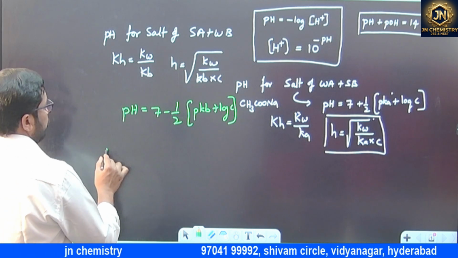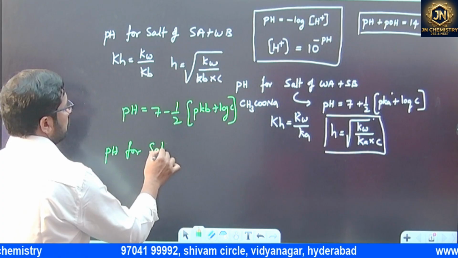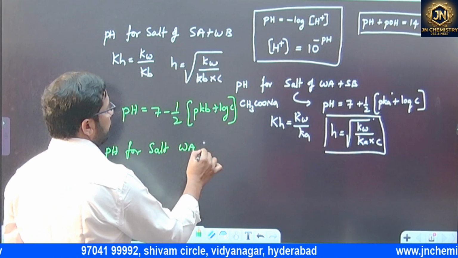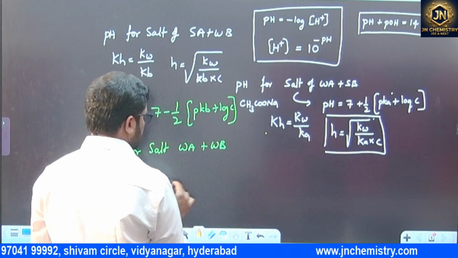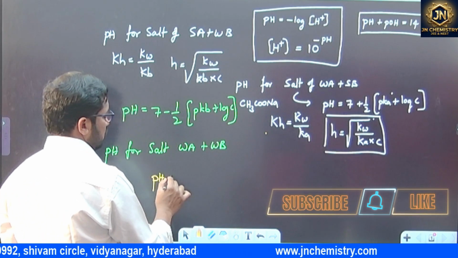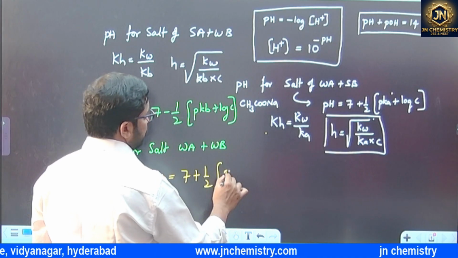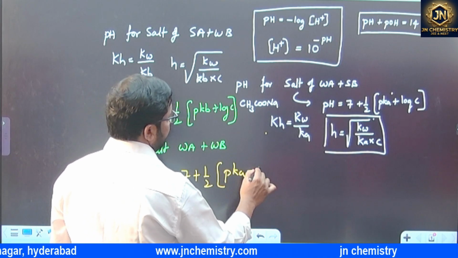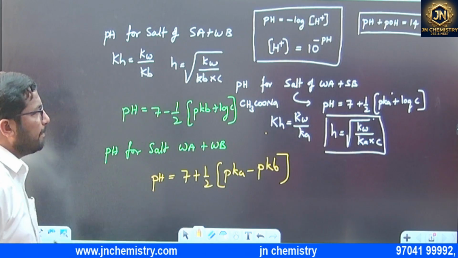So pH for salt of weak acid plus weak base. Come on, let me know. 7 plus 1 by 2 pKa minus pKb. Right?